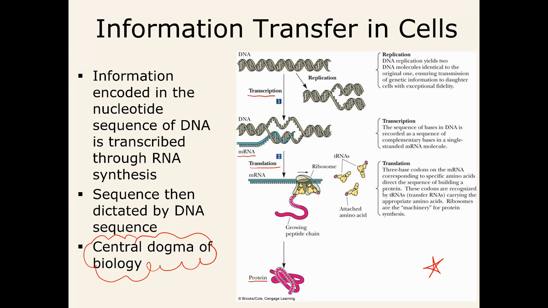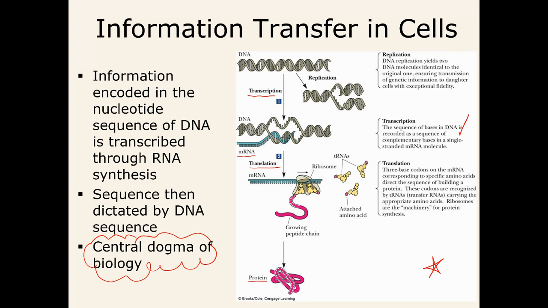Okay, so transcription: the sequence of bases in DNA is recorded as a sequence of complementary bases in mRNA. We're going to look more closely at that in the next video lecture. Then that mRNA codes for specific amino acids that will be the primary structure of the protein.